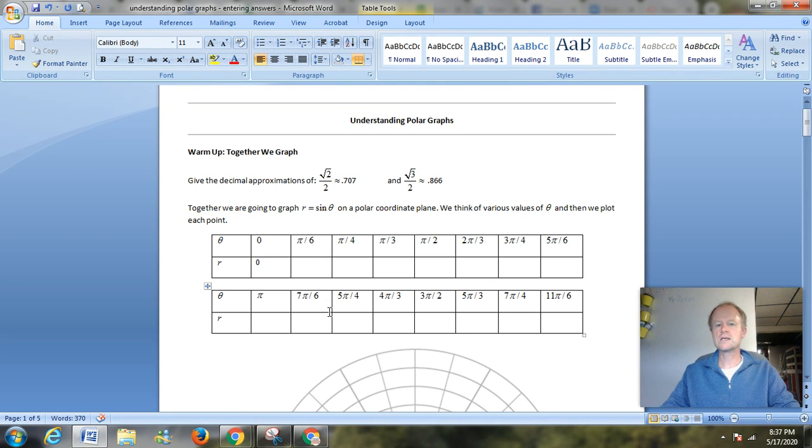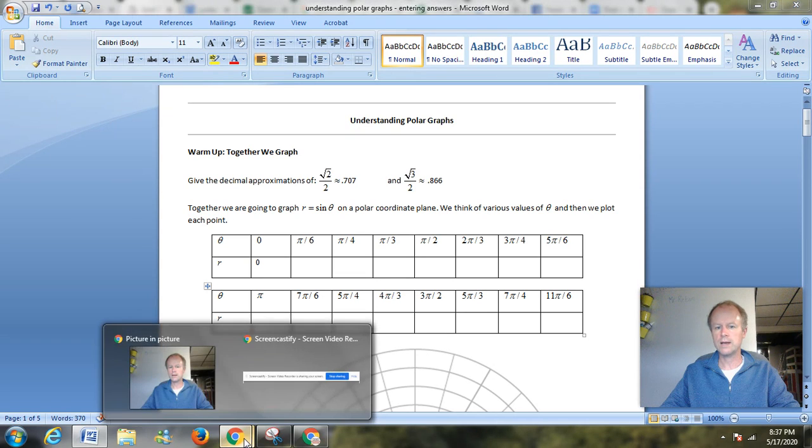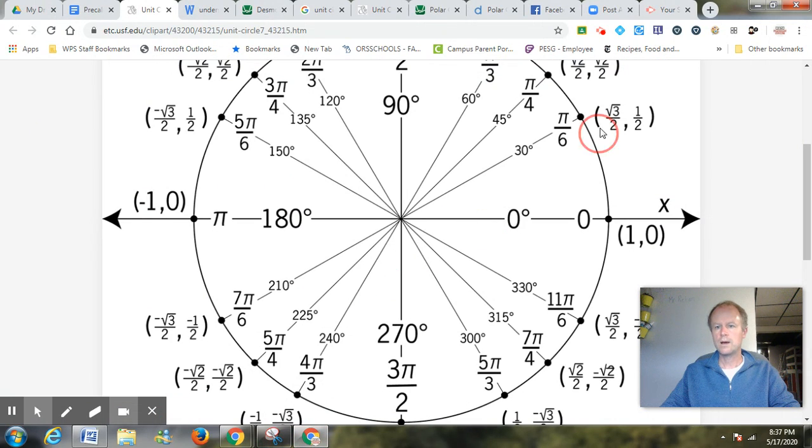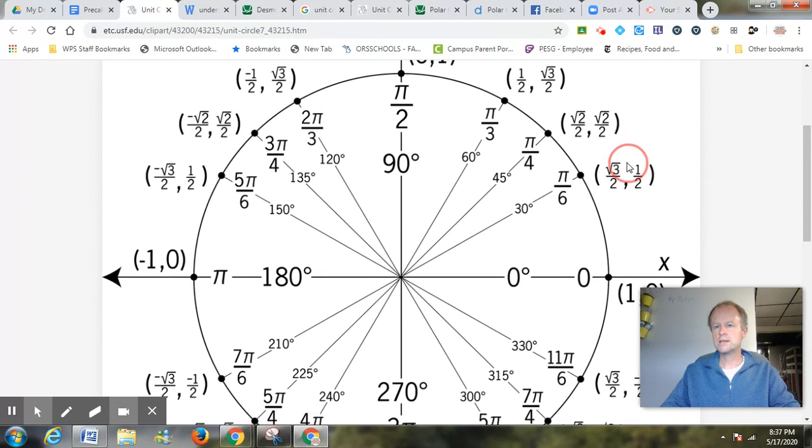At pi over 6, we're going to do the same thing. So there's our equation, sine of theta. So sine of pi over 6, and again, if we go back to that unit circle, at pi over 6, we can see that the y-coordinate is a half. So we're going to continually work around the unit circle looking at these y-coordinates. The next one is, what is the sine of pi over 4?